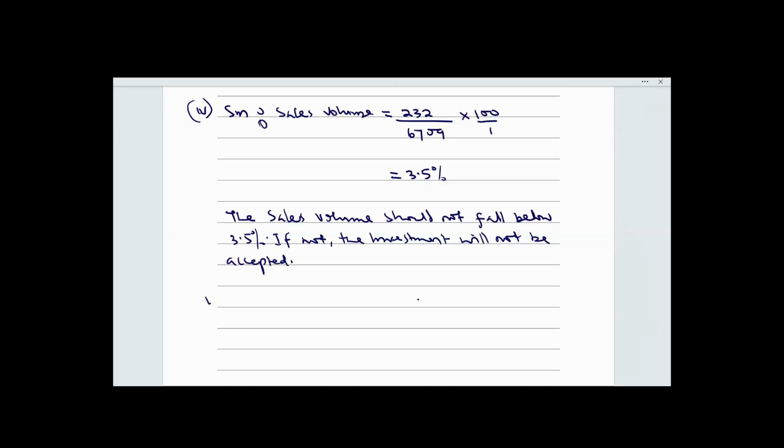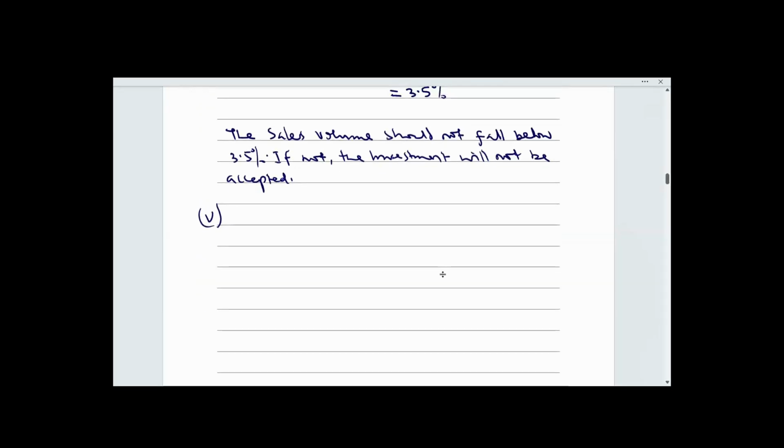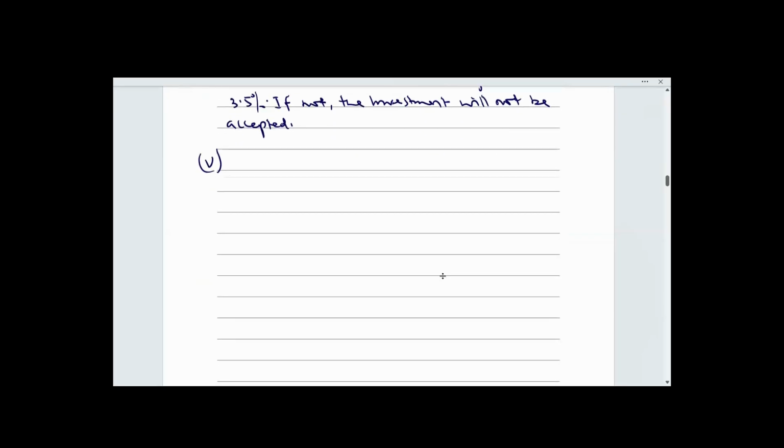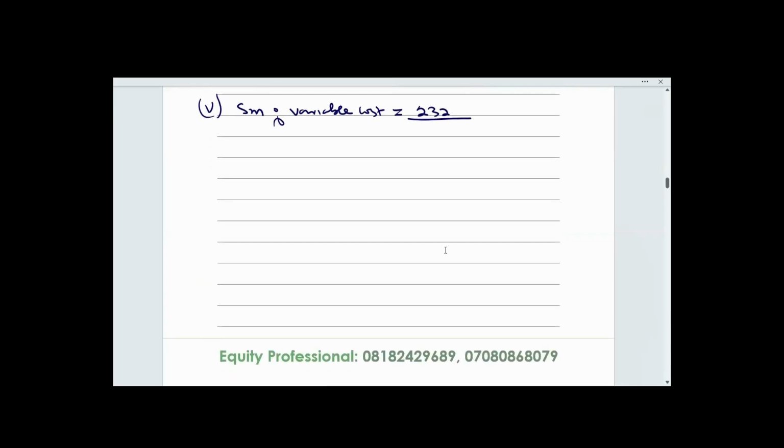Okay, number 5, we have 3 more to go. Number 5, we have to calculate the sensitivity margin of variable cost, which is equal to NPV of 232 over the PV of variable cost. We don't know the PV of variable cost, therefore we need to go and calculate it.